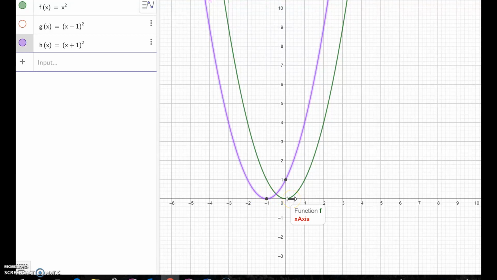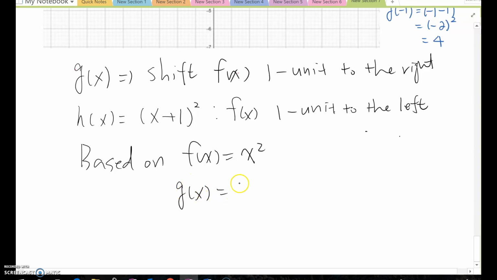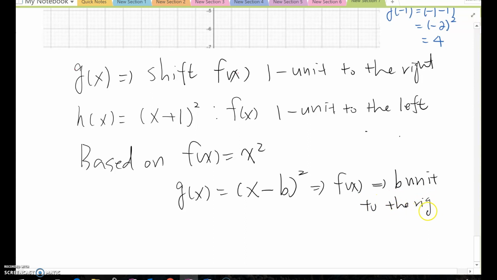Okay. So now the conclusion. Based on the given f(x) equal to x squared, if any function is given, such as g(x) equal to (x minus b) squared, then you can say f(x) moves b units to the right.